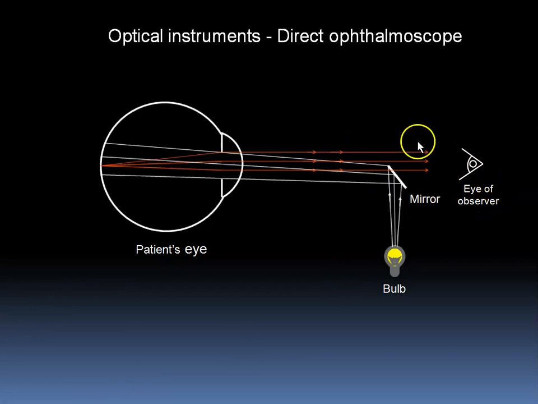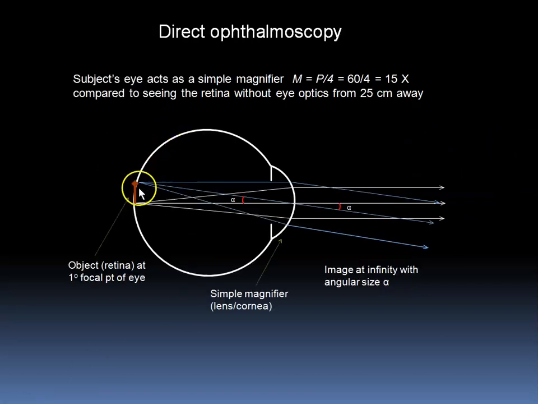In this situation with non-vergent light, the observer does not need to accommodate in order to see the light clearly if the observer is an emmetrope as well. Since the retina, which is the object, is at the primary focal point of the emmetropic eye, the lens system of the eye acts as a simple magnifier.